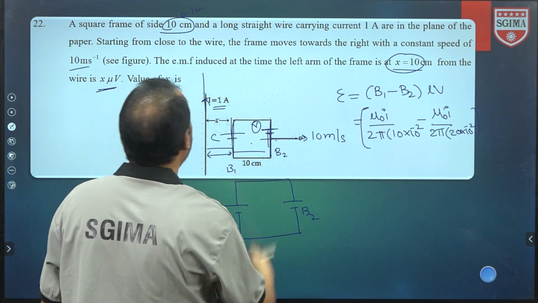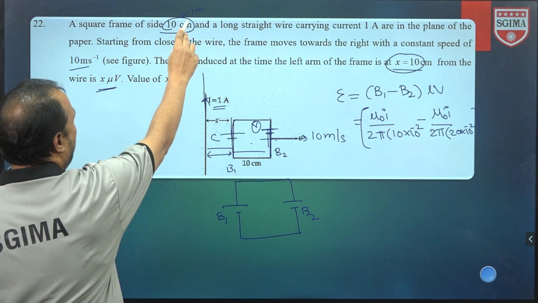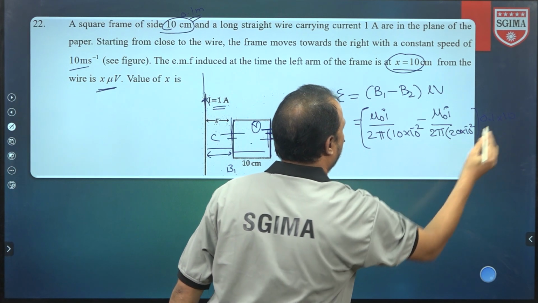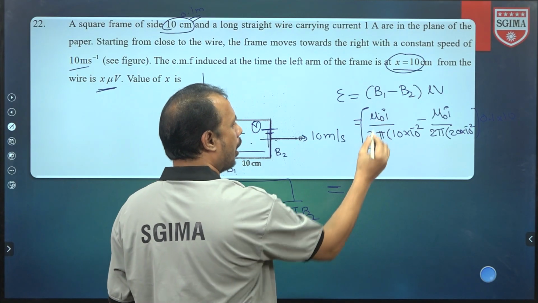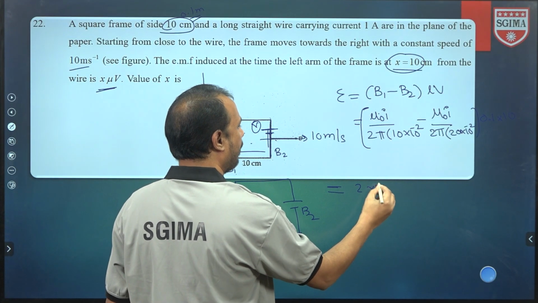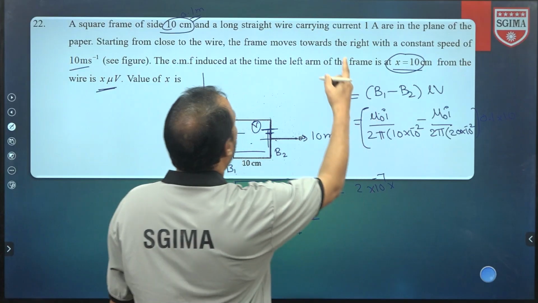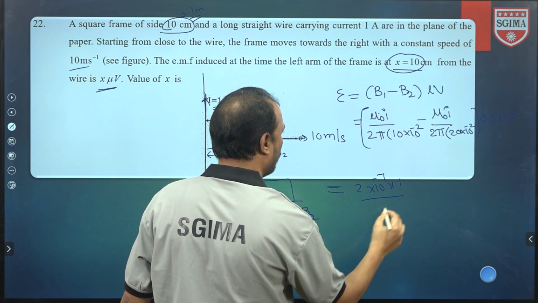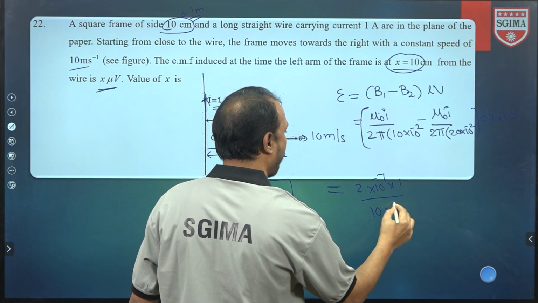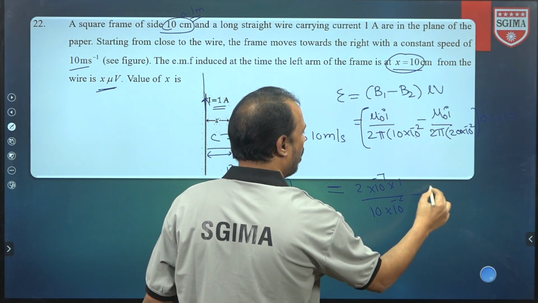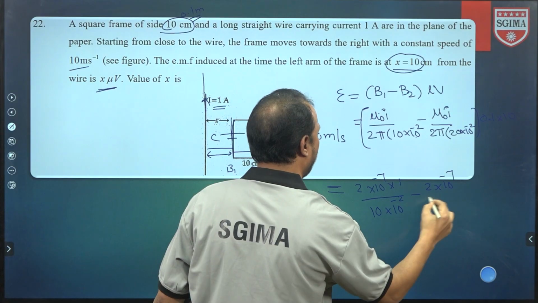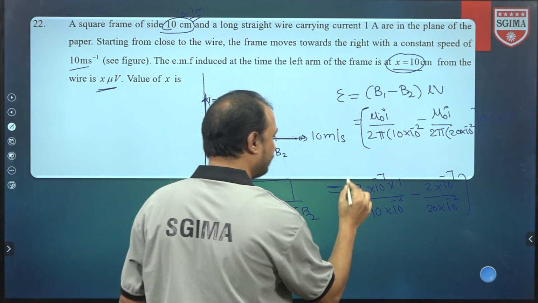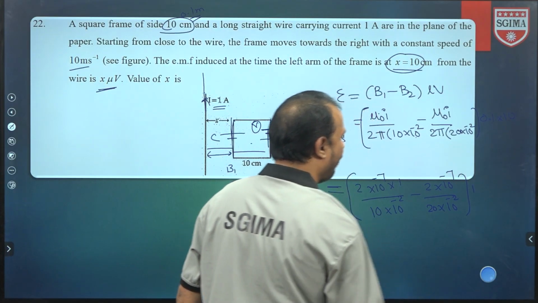Length it is given already, it is 0.1 meter. Velocity is 10. Mu naught by 4 pi is 10 power minus 7, so 2 into 10 power minus 7. Current is passing 1 ampere. So 10 power minus 2, and same 2 into 10 power minus 7, 2 into 10 power minus 2, 20 into, and here it is a value of 1.